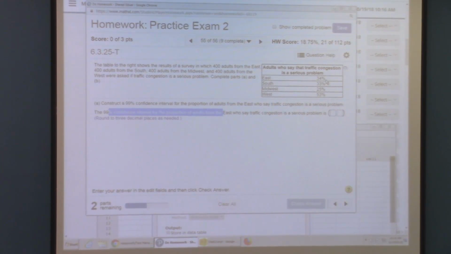That is 34%. 400 adults from the East were surveyed, so 400 is the total number of people surveyed, and the success proportion is 34%.